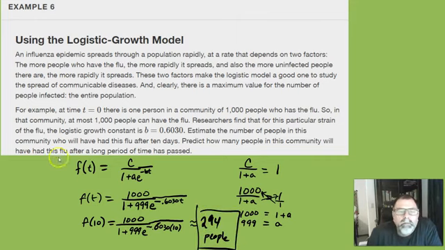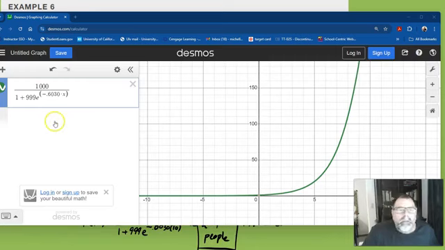Let's see. How many people in this community will have the flu after a long period of time has passed? So it's going to get close to 1,000, right? This is approaching. So remember the curves, they look like this up to that carrying capacity. Okay, so let's see.